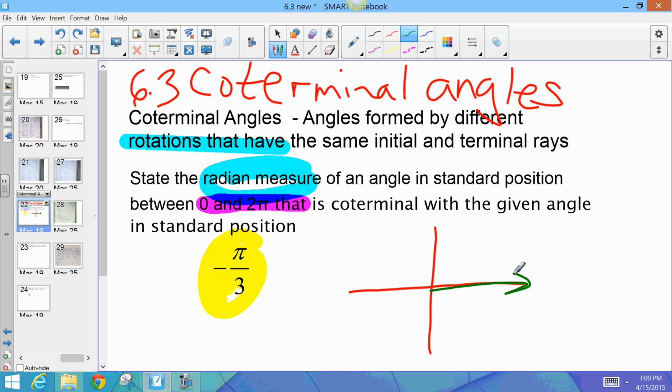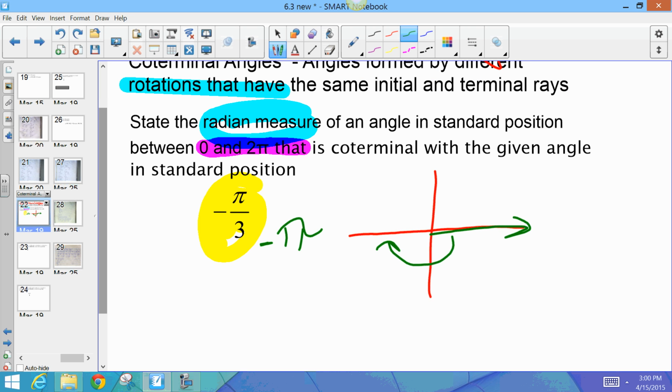Remember that an entire circle would be 2 pi. If I am rotating half a circle, I've got negative pi because I'm rotating in the clockwise direction. And if I'm only rotating a quarter of a circle, I've got negative pi over 2, because that's the same as negative 90 degrees.